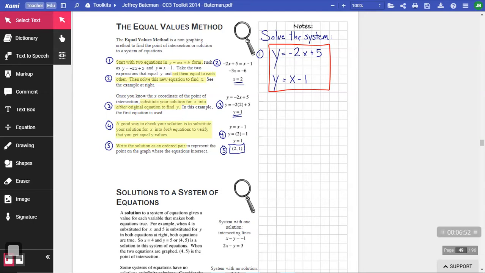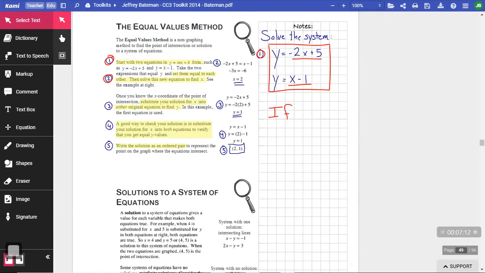So, step number 1, start with the equations in that form. That's done. Notice I marked step number 1 here and step number 1 here. Step number 2, I highlighted it. Set them equal to each other. That means set the 2 non-similar expressions equal to each other. The reason we can do this is because of the transitive property of equality.